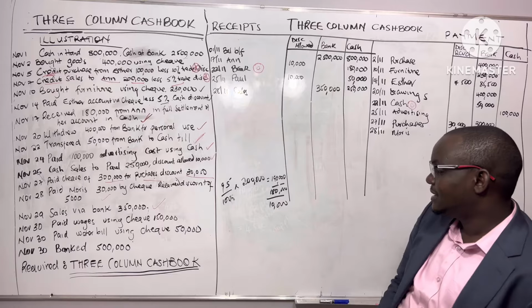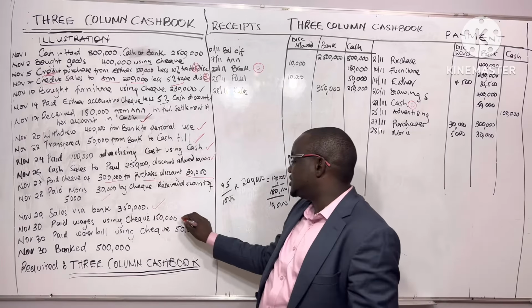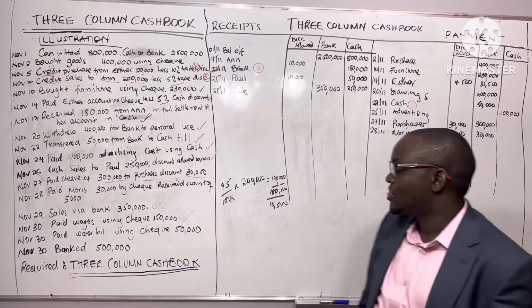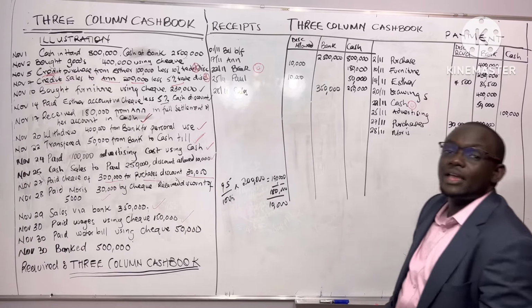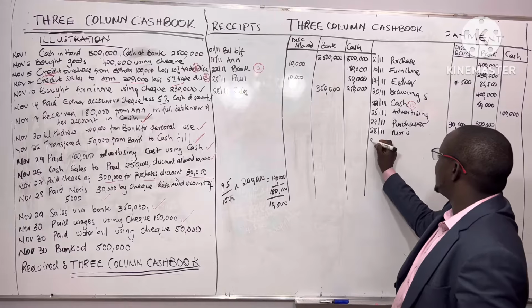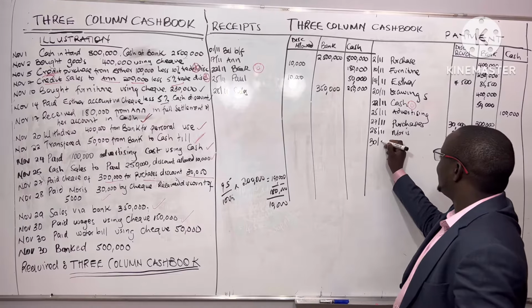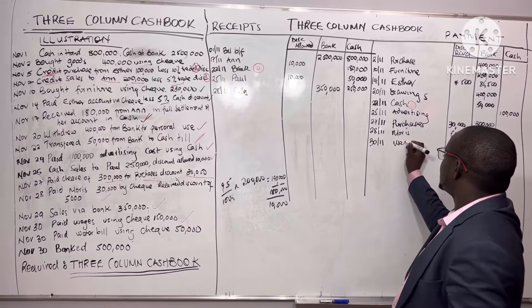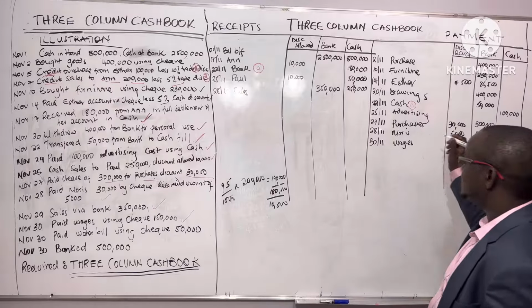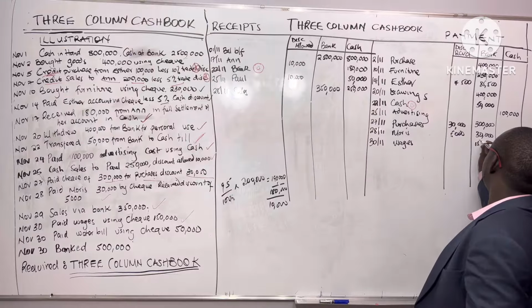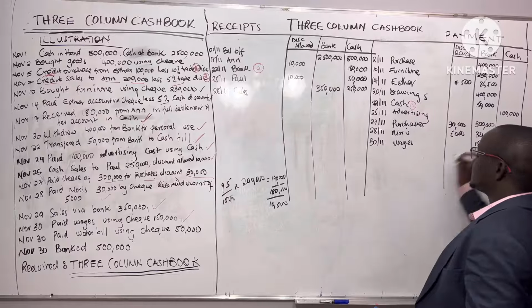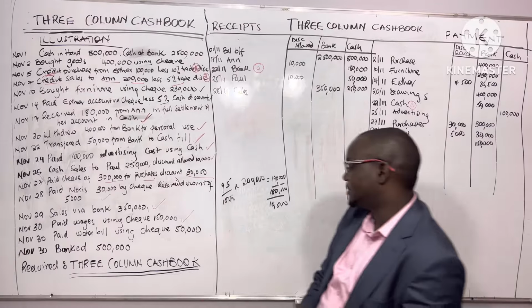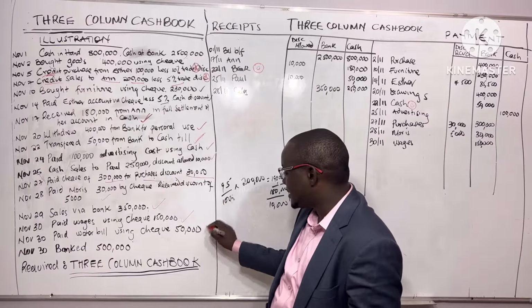The next one, paid wages by using check 150,000. So we are paying for wages on 30th November. The wages is 150,000.